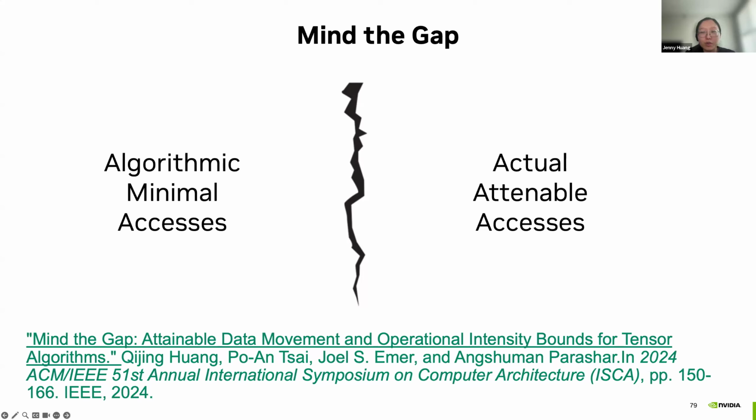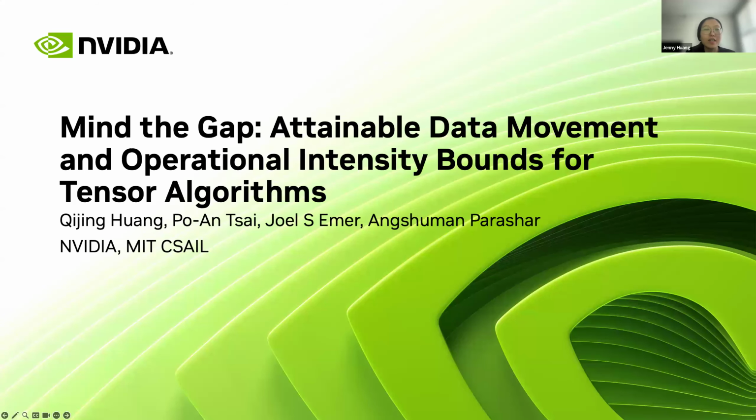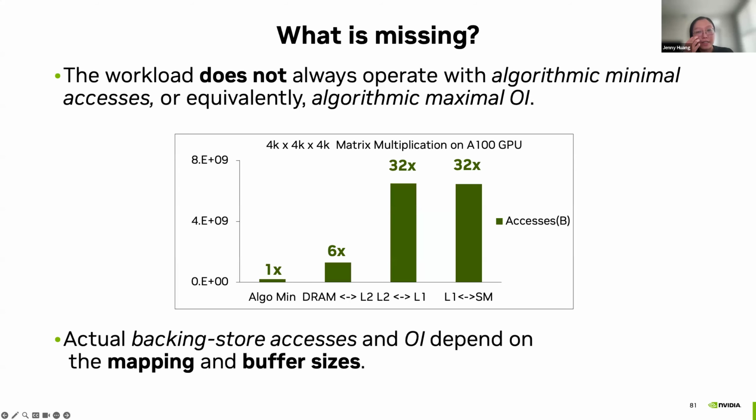And this is what our work called Mind the Gap, published in last year's ISCA, is trying to tackle. This is work at Nvidia, and I did it with my collaborators at Nvidia and MIT, with Joe and Anshu.